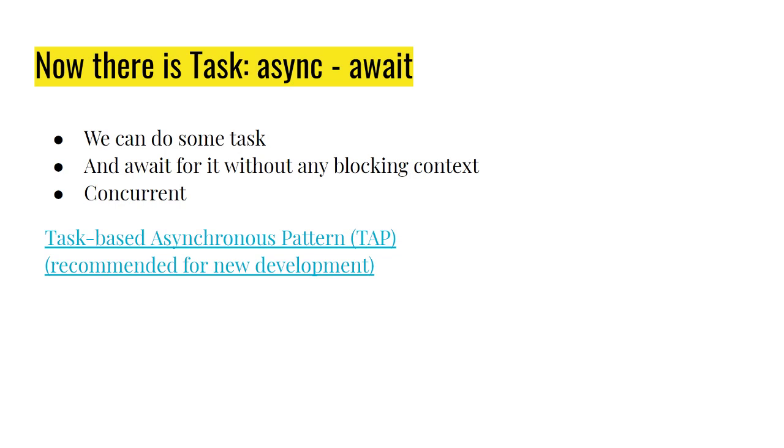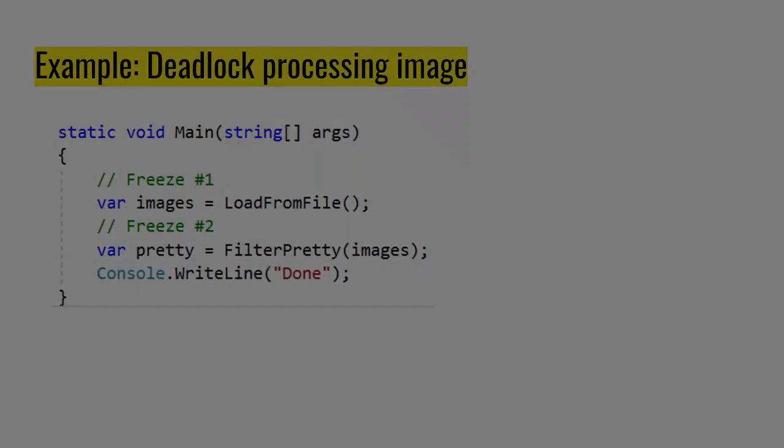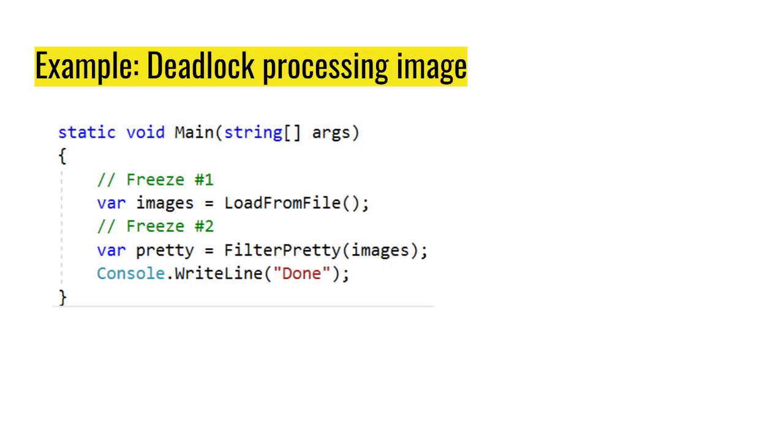Now we have tasks and we have async await. The task-based asynchronous pattern, otherwise known as TAP, is how we utilize the thread pool and task-based activities. We can do some task and we can await it without blocking the context which ran the task. That's a very simple way of doing concurrent stuff. There are a few things to note.